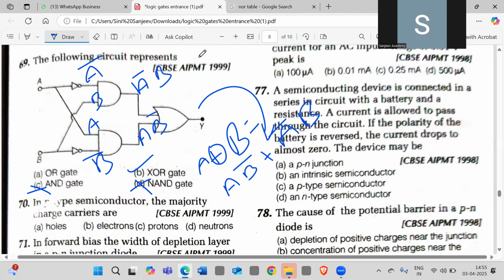Even if you don't know XOR gate also, you will come to know it is not OR gate. OR gate is simple addition. There is no complement. Even if you don't know XOR gate also, you can do it. Yeah. So I think almost all the questions are done.